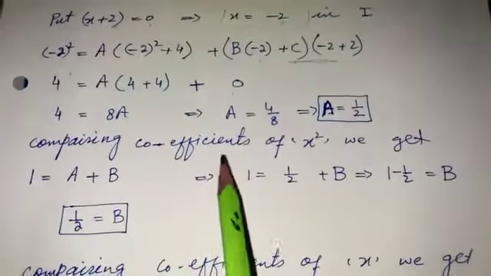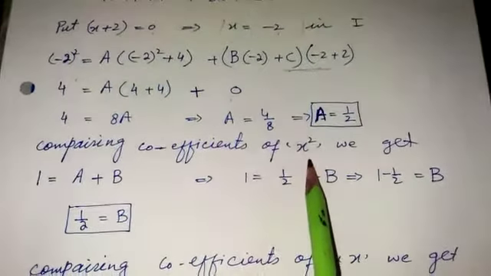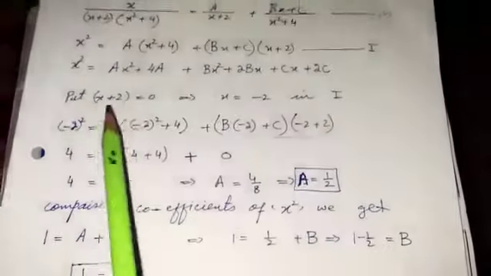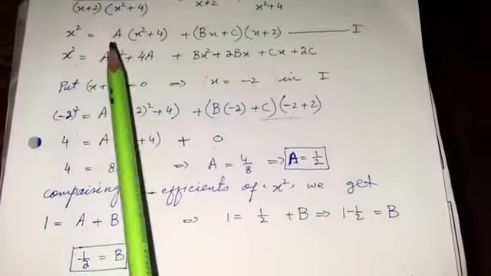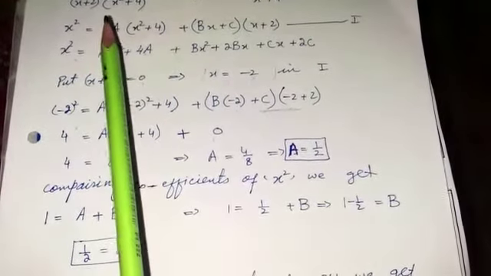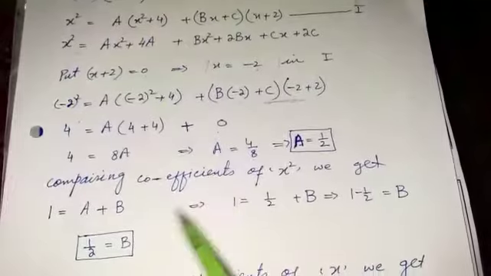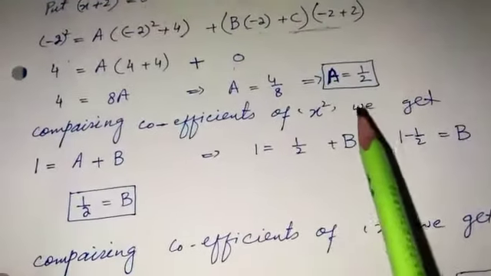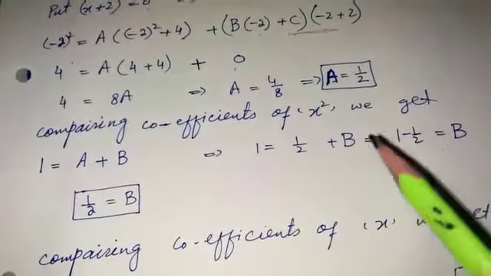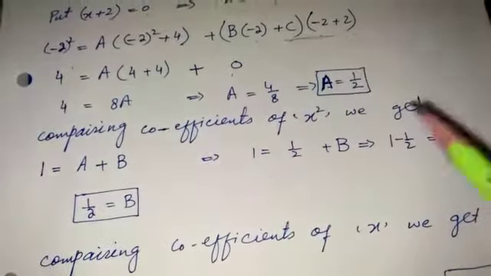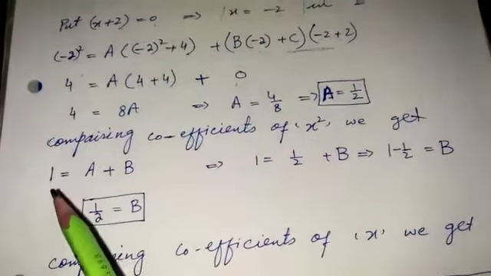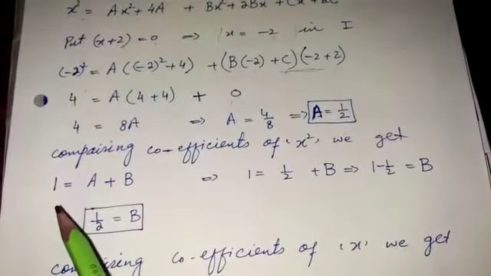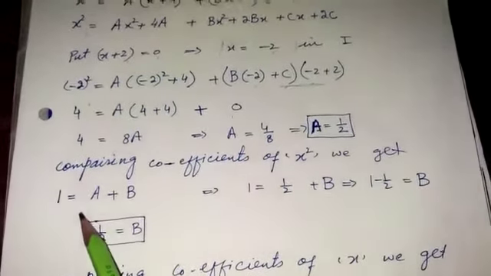Now comparing coefficients of x square. As you know, there is only one linear factor, so we will apply the zeros method only one time. Now we will compare the coefficients of x square for finding the next value of the numerator.